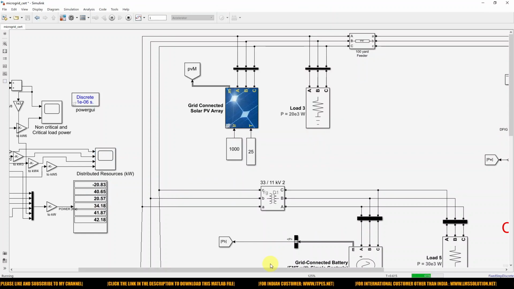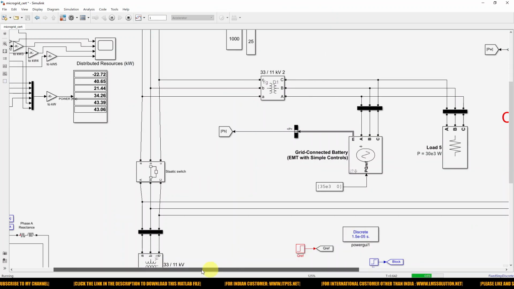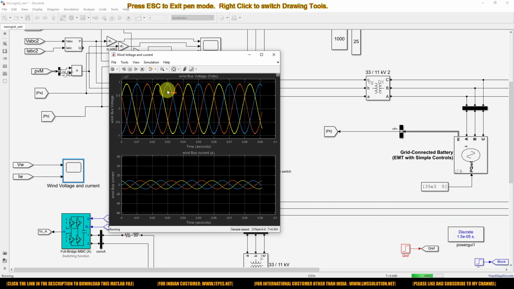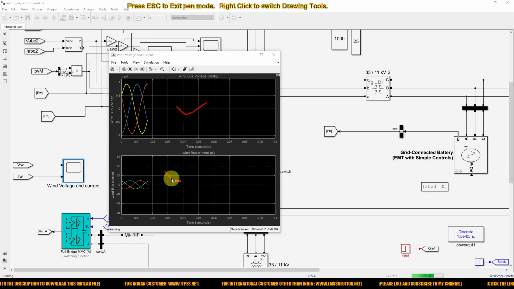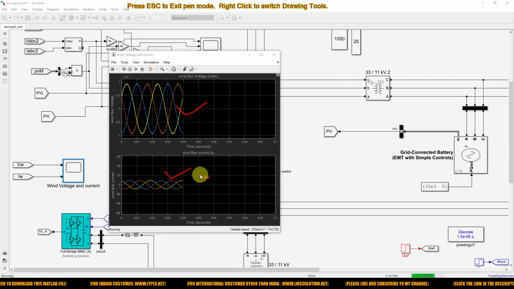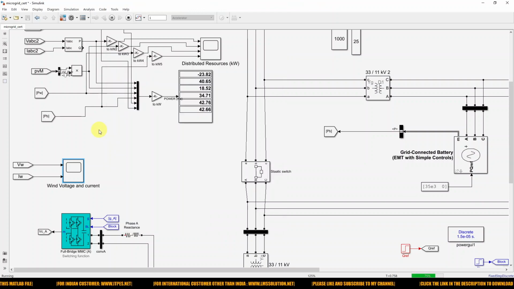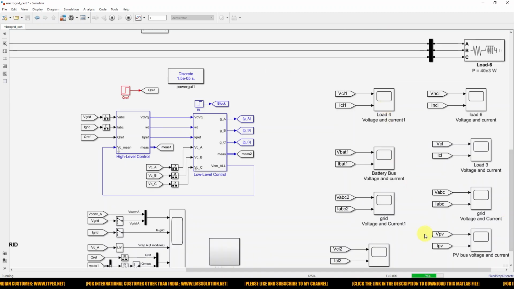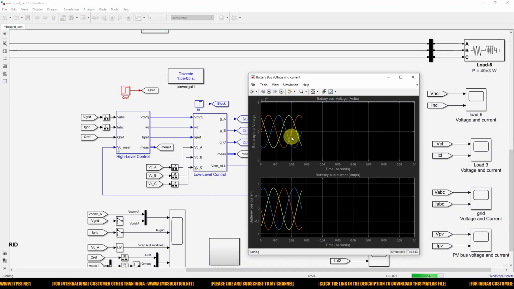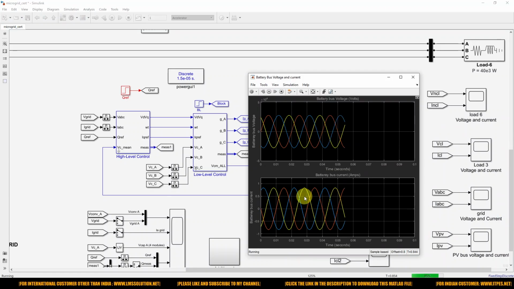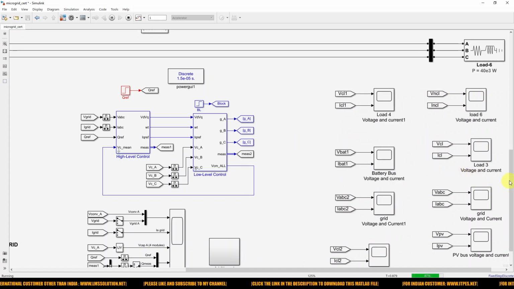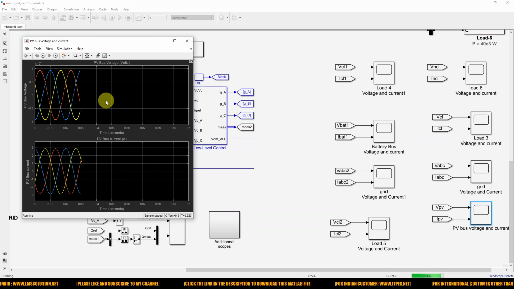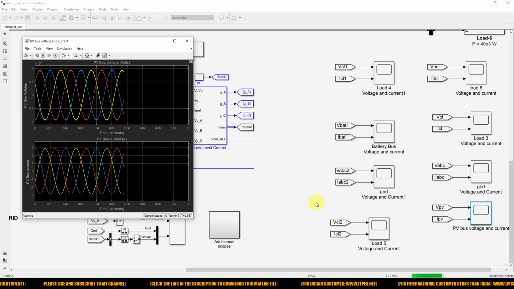Next we are going to see the different details. This is the wind bus voltage and current. This is the battery bus voltage and current. This is the PV voltage and current.